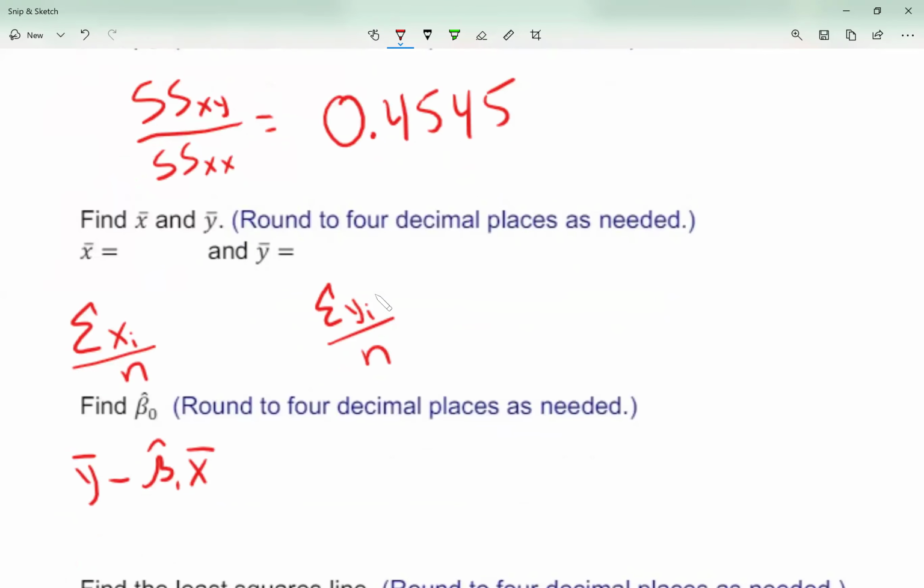My x bar, the average of the x's, is 7.1429. The y bar, basically the average of the y's, is 5.4286. Now let me come back to Excel.